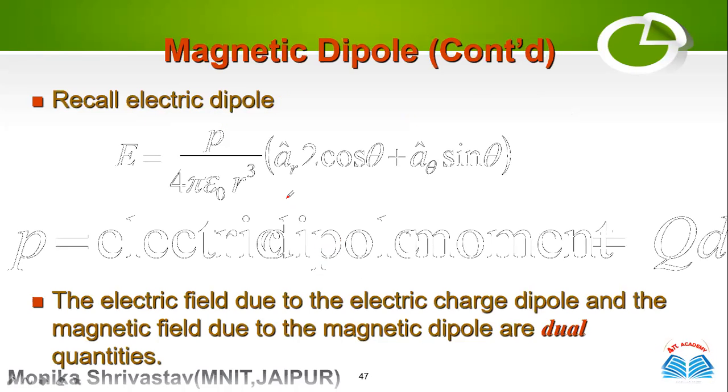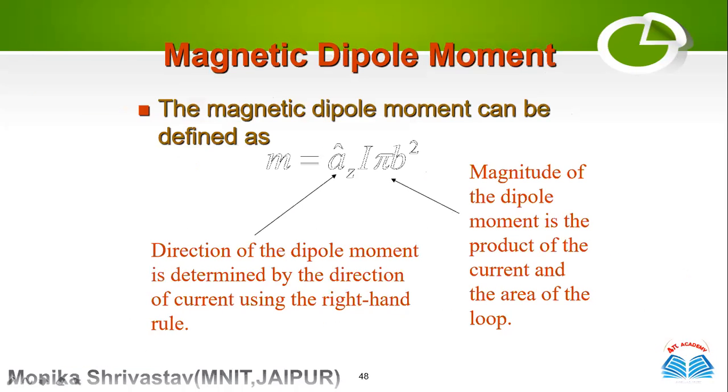So the electric dipole field was of this type, k p over r cube, in spherical polar coordinates. P is the electric dipole moment, equal to Q dot l. So the magnetic dipole moment will be m equals I pi b square a_z, where a_z is the conventional direction, or we can say I dot area.